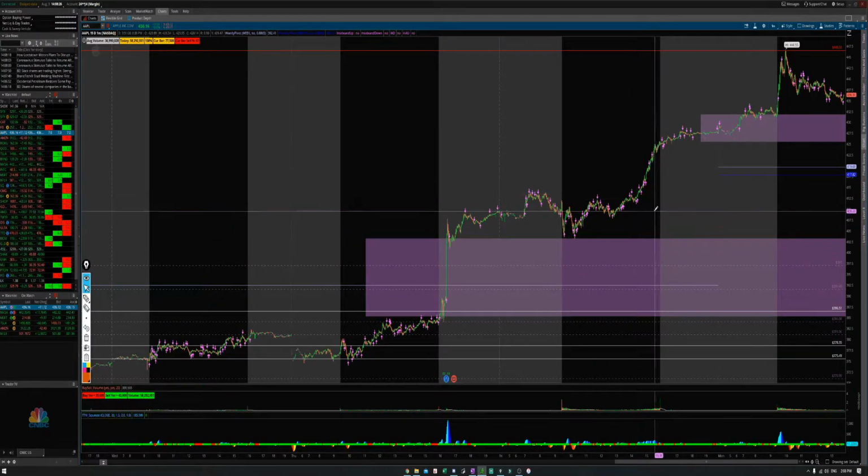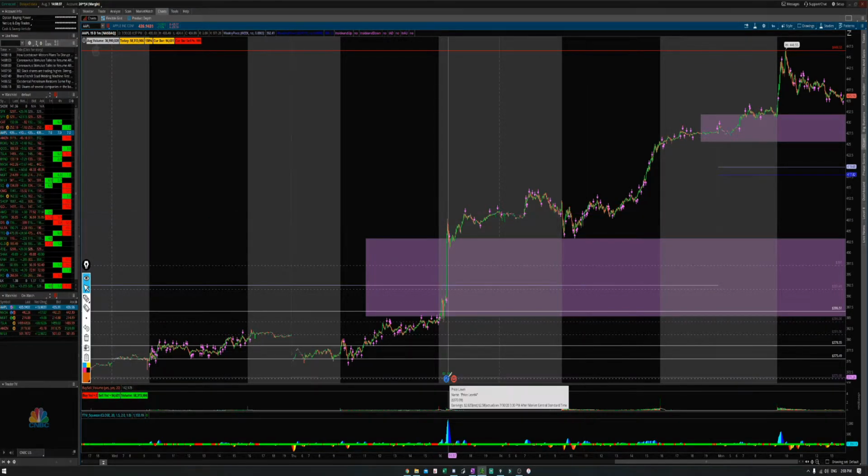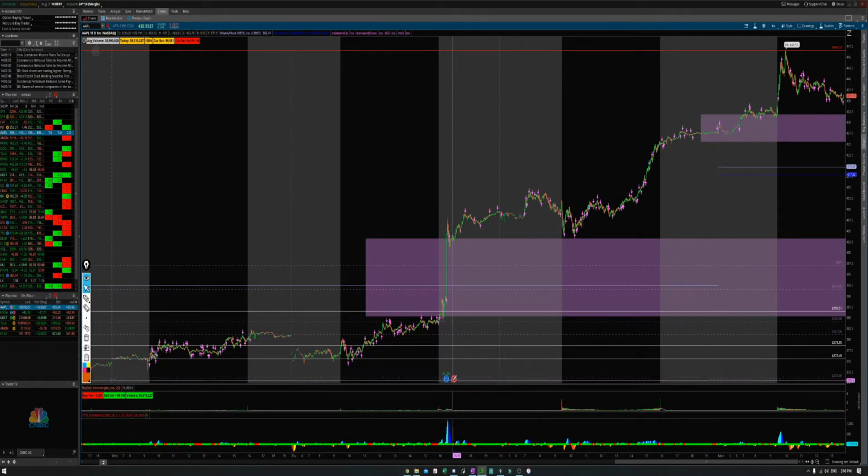Now the purpose of this video is to show you how you could trade today's price action for Apple. What I was trying to show earlier was that Apple had earnings a few days back, and since then we gapped up, pulled back a little bit, making this big box here, which is the gap zone.